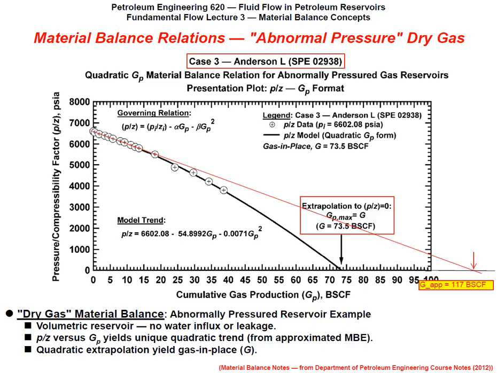How did this happen? How did we discover abnormally pressured gas reservoirs? Why is there an apparent straight line? Anybody? So what actually happens here is that the gas is supporting the overburden.